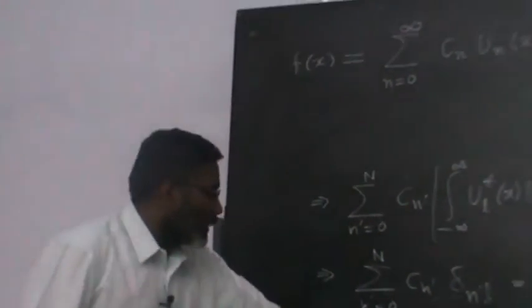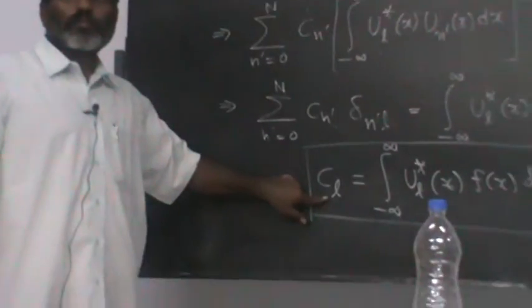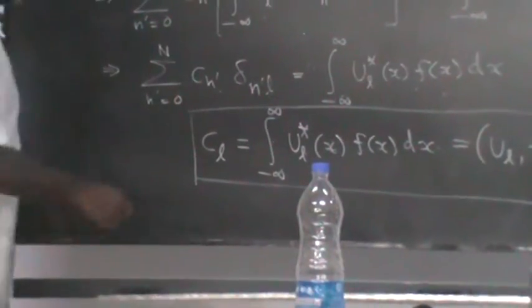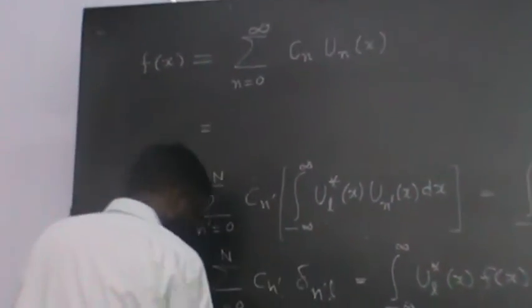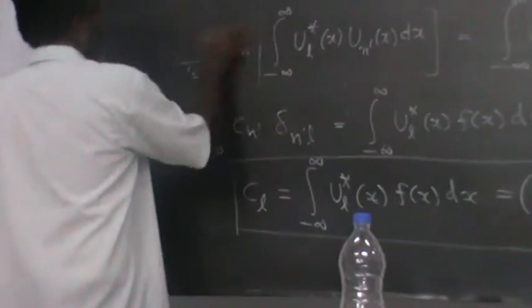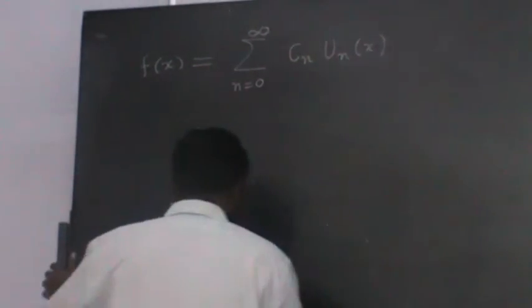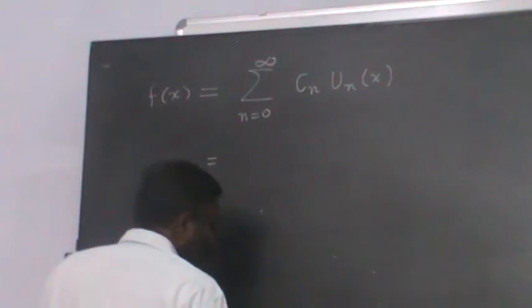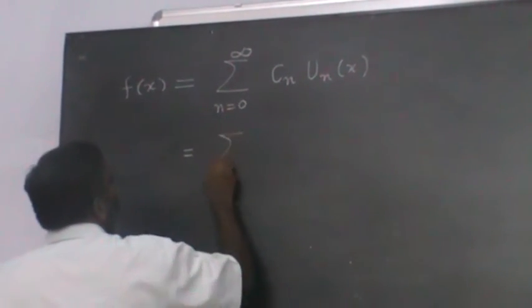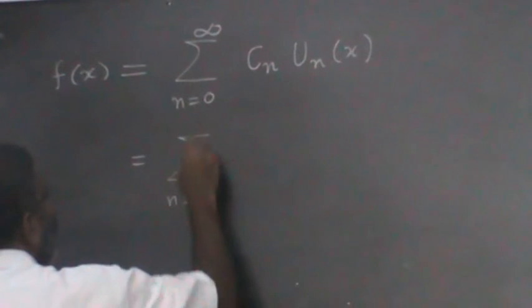Now I know what Cn is from here. I substitute it there. This is equal to, so I substitute this here. This is equal to sum over n equal to 0 to infinity.